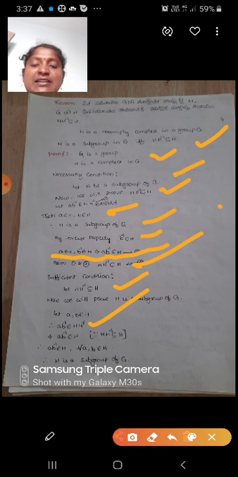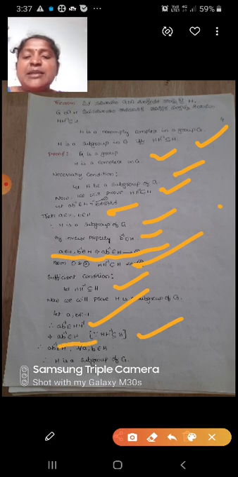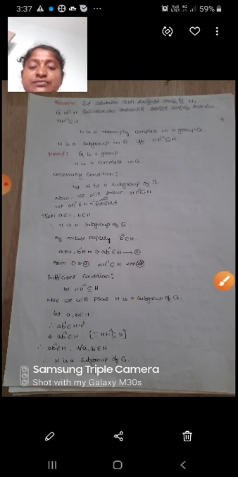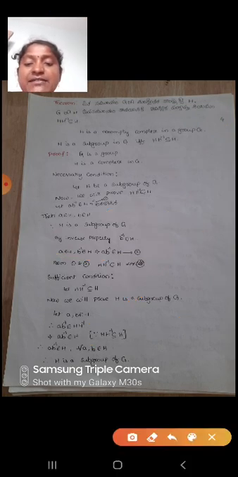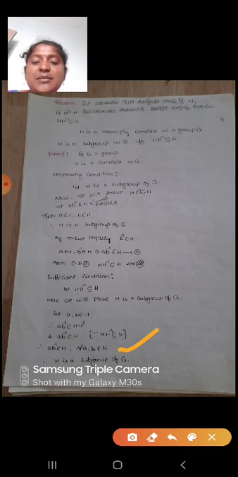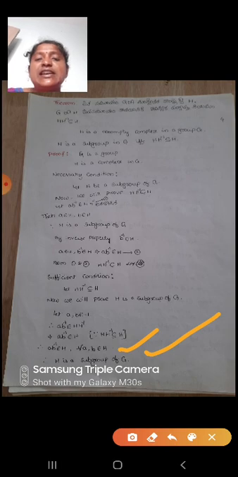Since H into H inverse is a subset of or equal to H, here AB inverse belongs to H. So therefore AB inverse belongs to H for all A comma B belongs to H. Just now we proved H is a subgroup of G if and only if AB inverse belongs to H. So therefore H is a subgroup of G.